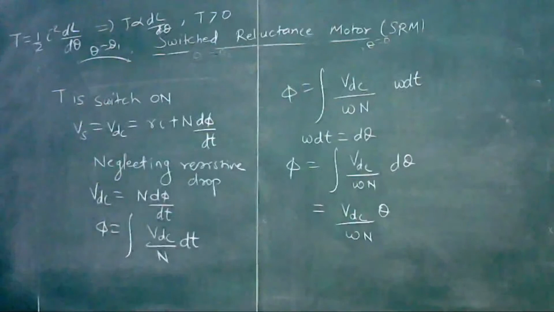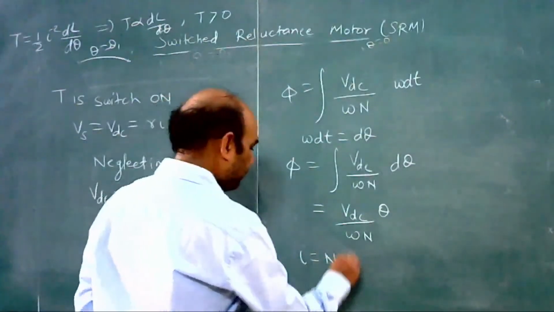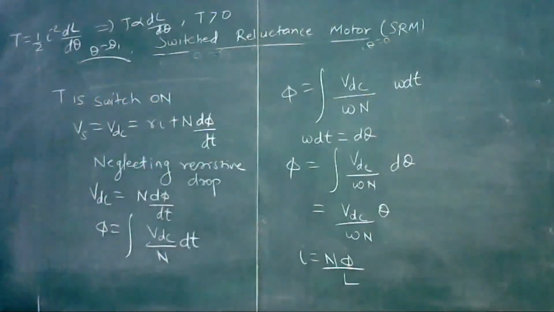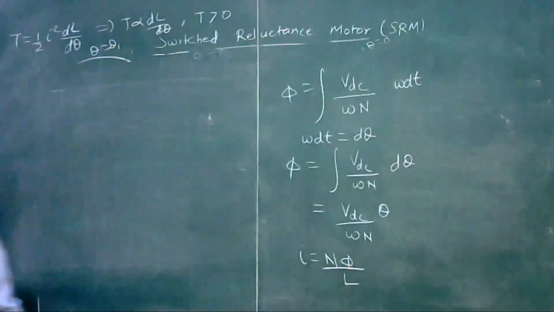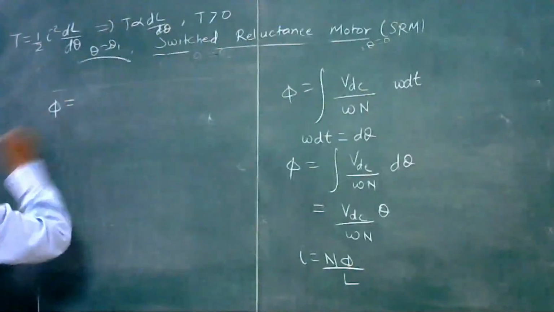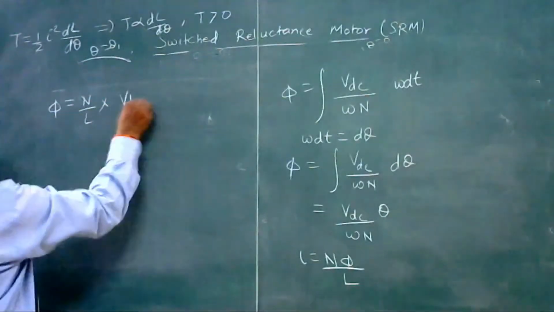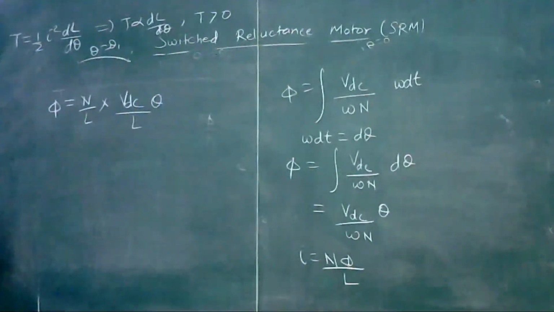So phi is equal to VDC upon omega N into the integration of d theta, which is theta. Also we know that current I is equal to N phi upon L. Substituting the value of phi here, we get I is equal to VDC upon omega L into theta.